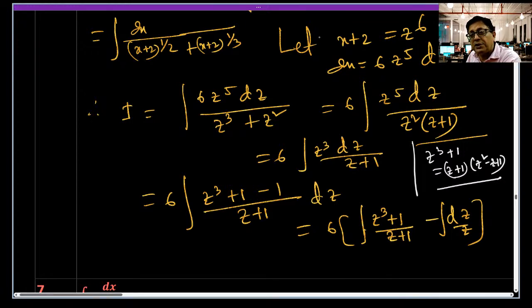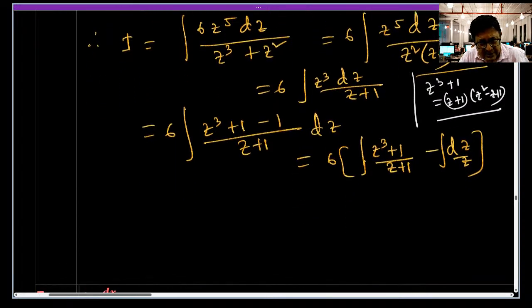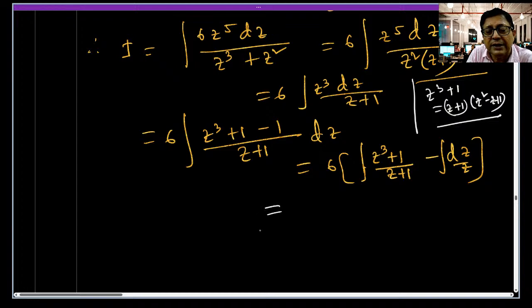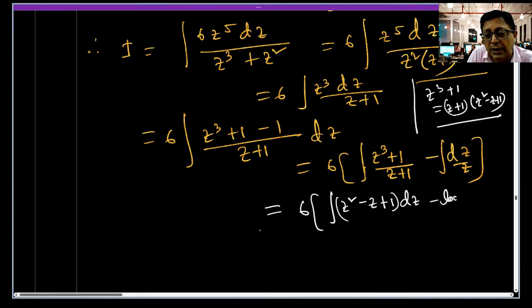If you write it in this form, then z plus 1 gets cancelled, isn't it? So write it and then simplify. So this will be 6 times the integral of z square minus z plus 1 dz minus log of mod z plus 1, plus c.